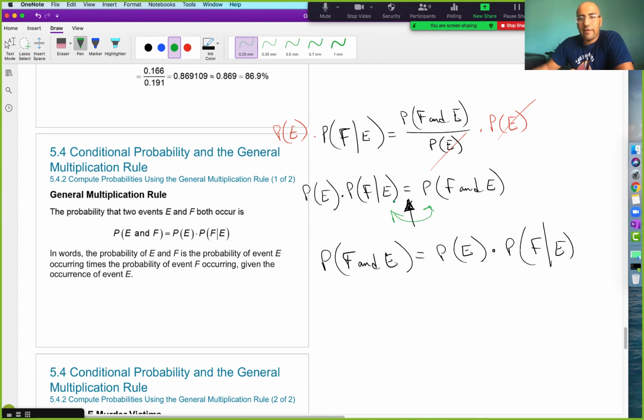Probability of E and F is equal to the probability of E times the probability of F given E. And then one last thing, the order matters, right? Order matters here, inside here. The order does definitely matter. But inside here, this order does not matter. With the AND statement, I'm allowed to move these around. So just for the sake of making it pretty, I'm just going to move those around and say that this is the probability of E and F.